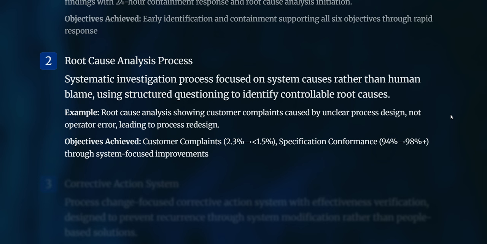An example is root cause analysis showing customer complaints caused by unclear process design, not operator error, leading to process redesign. Objectives achieved include customer complaints reduction from 2.3% to under 1.5% of shipments, and specifications conformance from 94% to 98% accuracy through system-focused improvement.